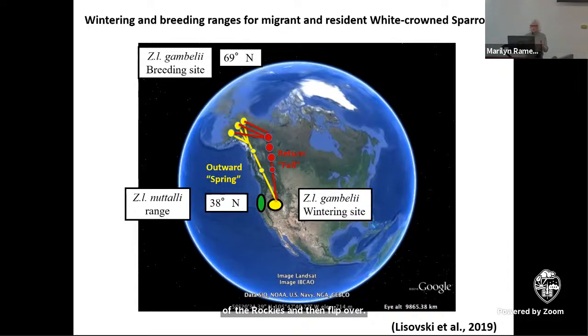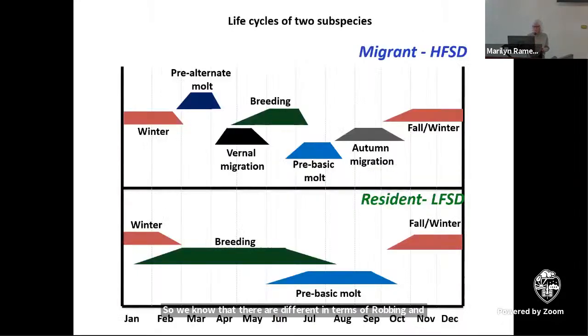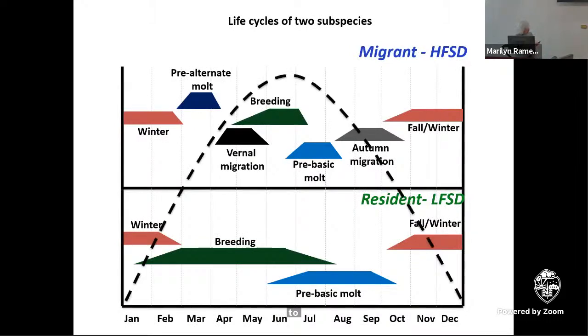So we know that there are differences in terms of routing and in terms of timing during these two periods of winter. So what I'm going to do now is introduce sort of the life history stages of the two. On the top is the migrant life history, and you can see it's busy, and it's got a lot of different stages.